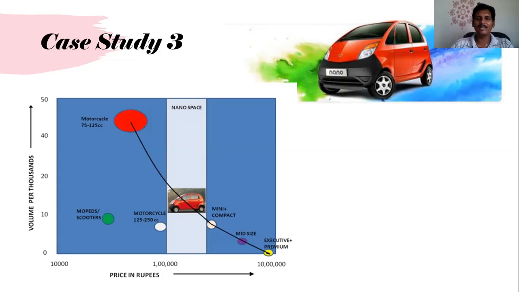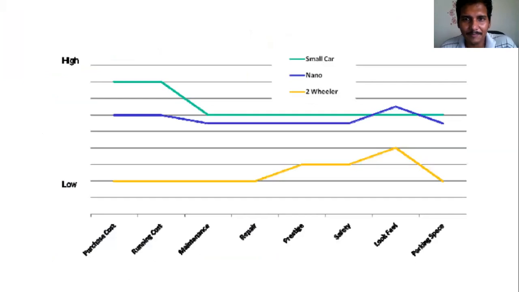Tata Nano was initially targeted at 1 lakh rupees. It is compact, saves space, saves money, and gives a trade-off between a motorcycle and a premium car. For the blue ocean, we compare small cars, the Nano, and a two-wheeler.